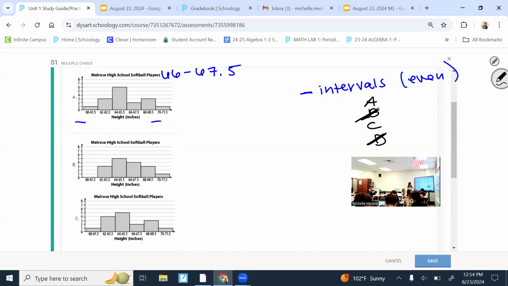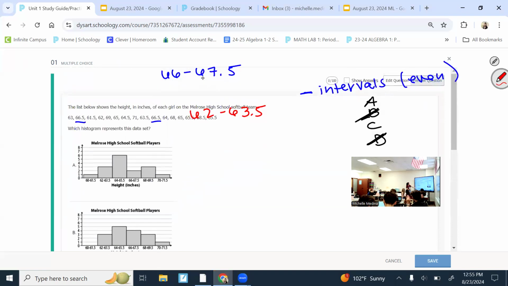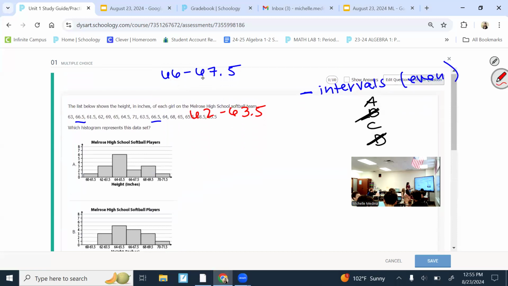Let's look at numbers that fall between that interval. 62 counts for this one, because even if it was right in the middle, it would count for this bar.